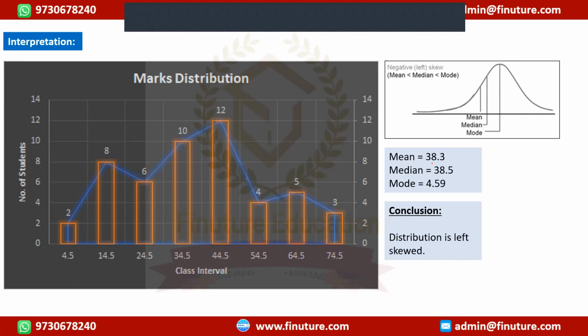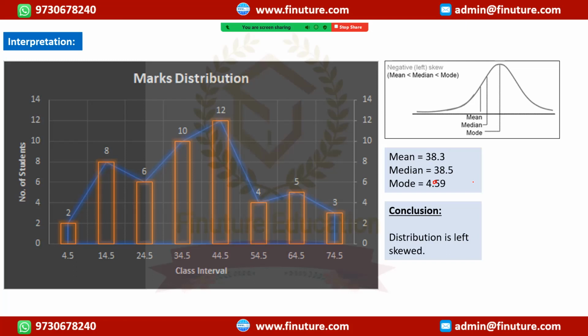Our mean was 38.3, median was 38.5, and your mode is 40.59. So this relationship holds true. We can say that the distribution is left skewed or negatively skewed. And if your distribution is negatively skewed, you can directly say that your data is not normally distributed. So that's what we were asked to comment on: the skewness and validation of normal distribution after computation of your mean, median, and mode.